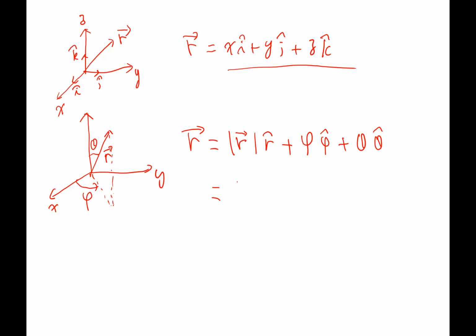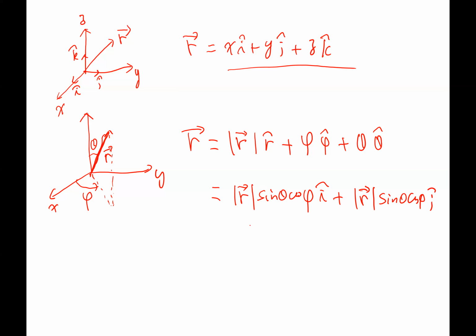For example, x will be r, the length of this vector, times sine theta, cosine phi, and then again we go back to our unit vectors i, j, k.